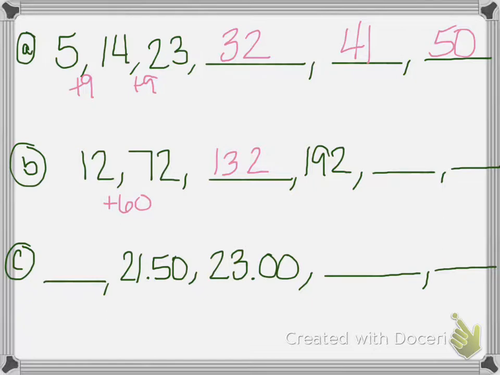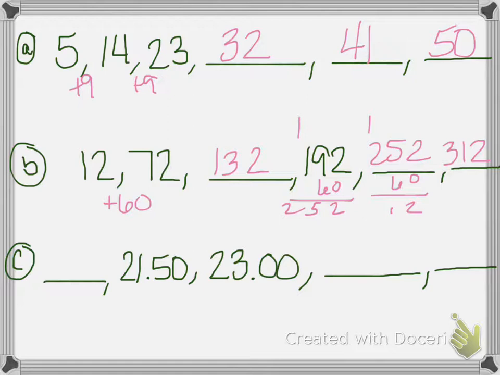So this pattern works. 192 plus 60 is 252. 252 plus 60 is 312.